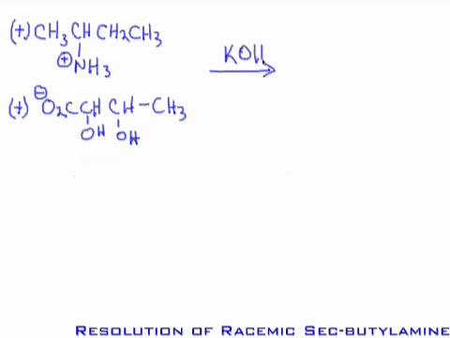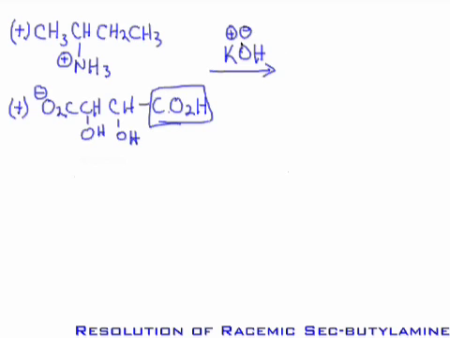Potassium hydroxide is a source of OH minus, K plus OH minus. The OH minus is a powerful base. Oops, that should have been a CO2 minus, not a CO2H, sorry. Please note that should have been a CO2H on the other one. This should have been a CO2H.